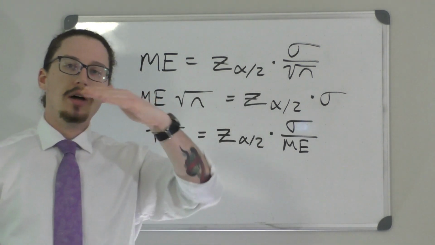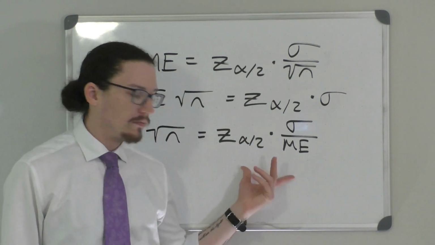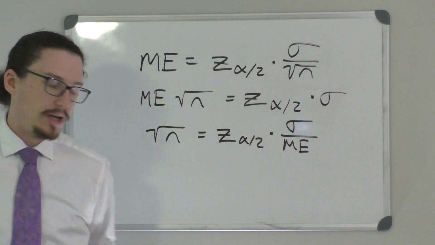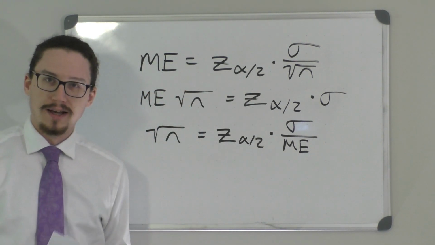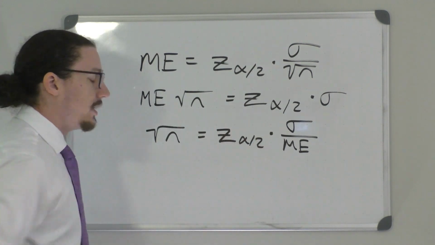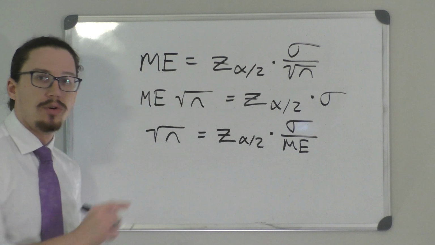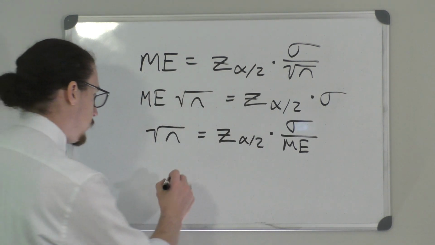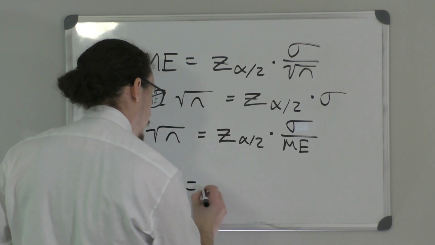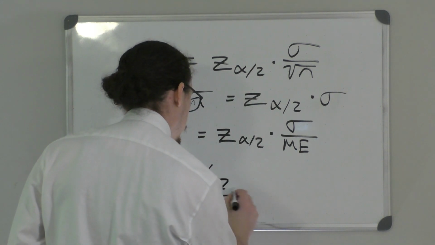You could put this whole side under the margin of error, so z alpha divided by 2 times sigma over the margin of error. I just like the way this looks better, so that's the way I do it, but you don't have to. Either way is fine. And then the last step will be to square both sides, so we get rid of the square root on our sample size.